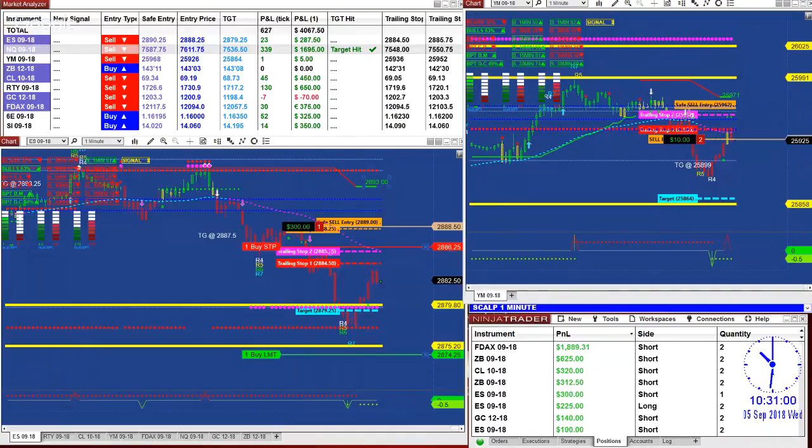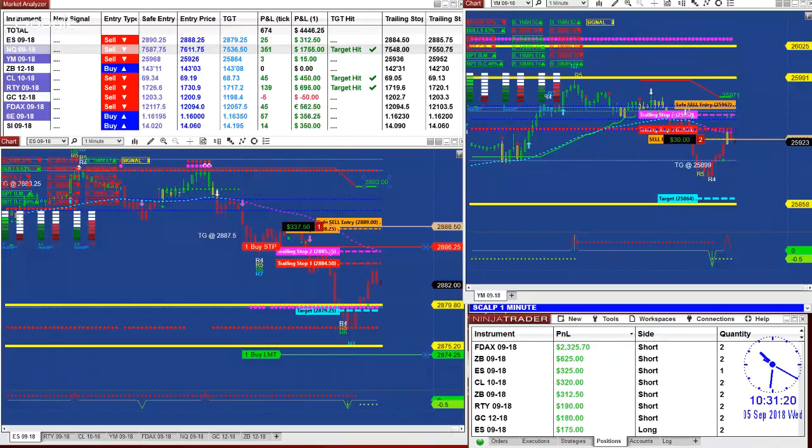So the difference between two traders who have the same entry but a different exit: one trader is going to walk away with $400, and one trader is going to walk away with $1,000 on the same automated trade, the same entry.